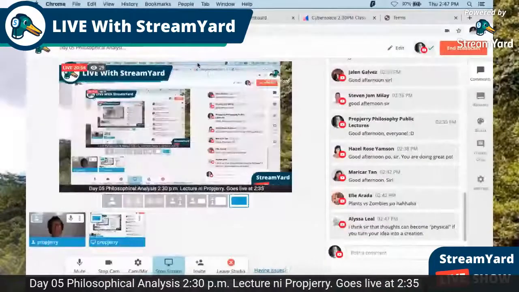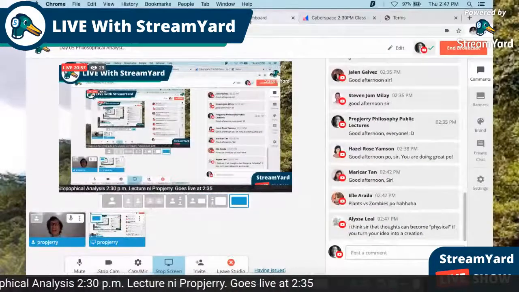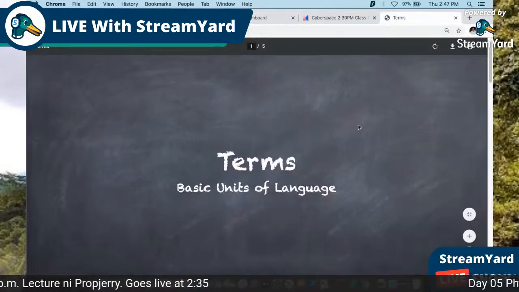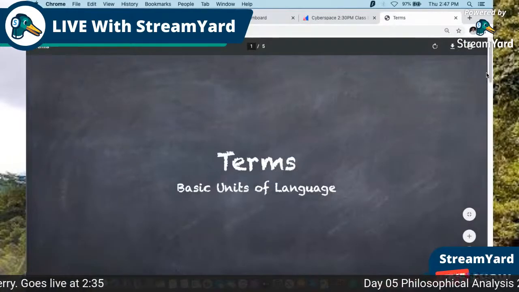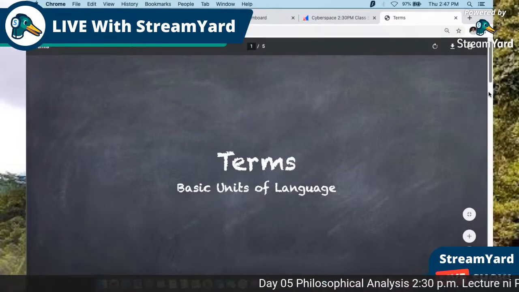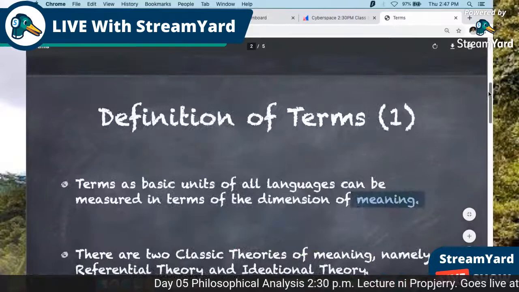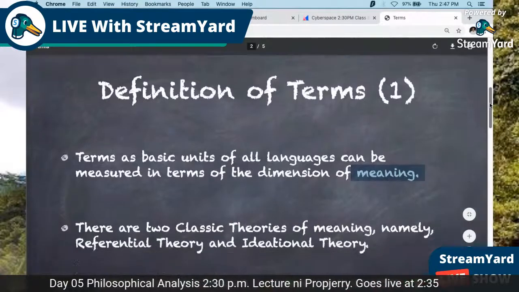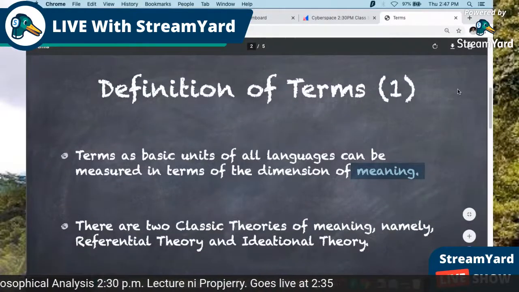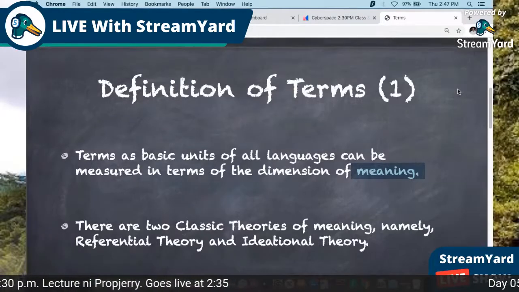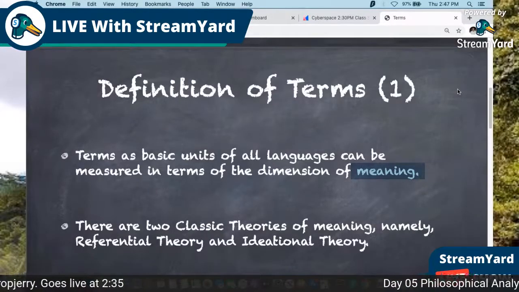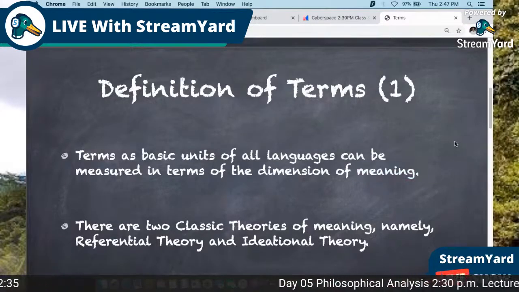All right. Let's get back to what we're talking about. Let me share with you a couple of slides on terms. That's our topic. When we do experiments, remember the first thing that your teacher will ask you to do is define your terms. So here we know what terms are.